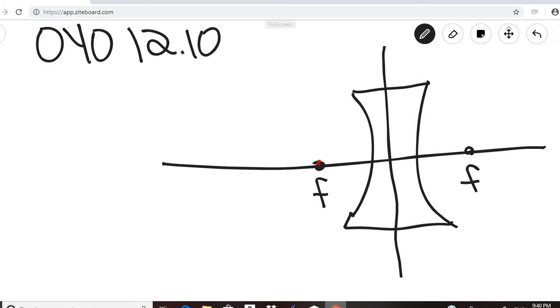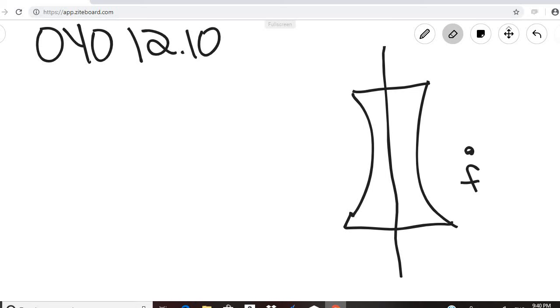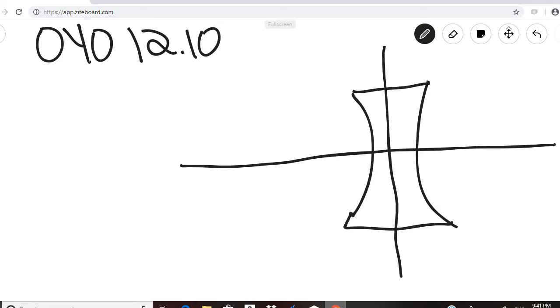There's our focal point. Let's move that one back a little bit. The focal points were 8, so there's F, and here is F, and then our object is 5.